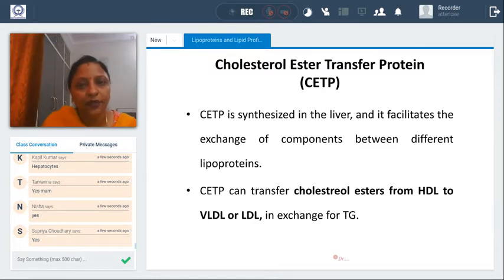CETP is synthesized in the liver, and it facilitates the exchange of components between different lipoproteins. Cholesterol ester transfer protein can transfer cholesterol esters from HDL to VLDL or LDL in exchange for TG. You have to remember this line.